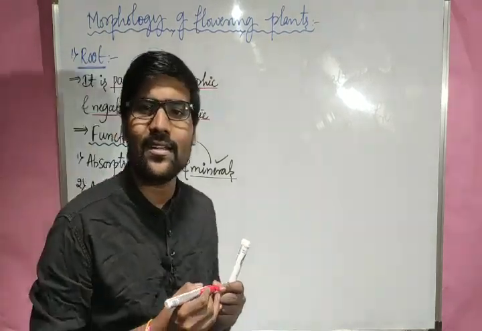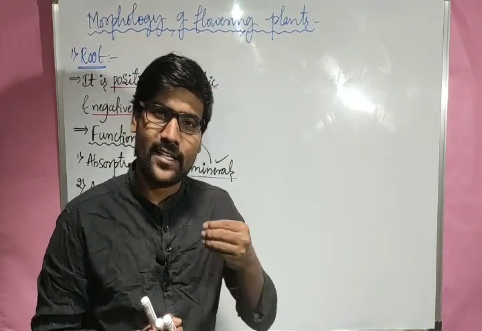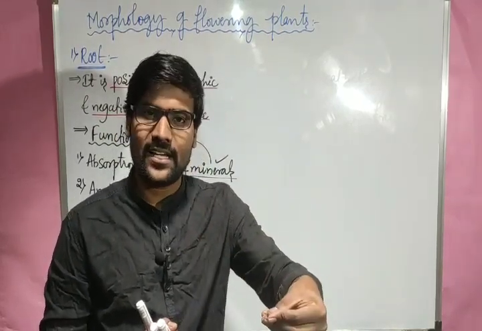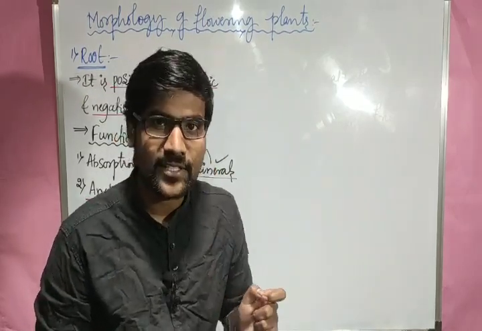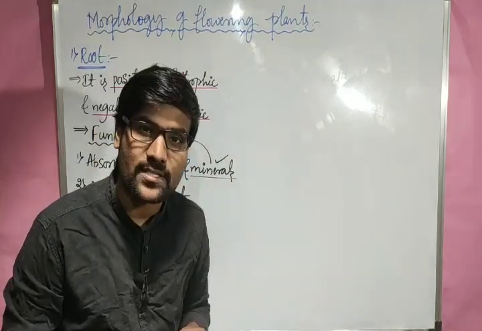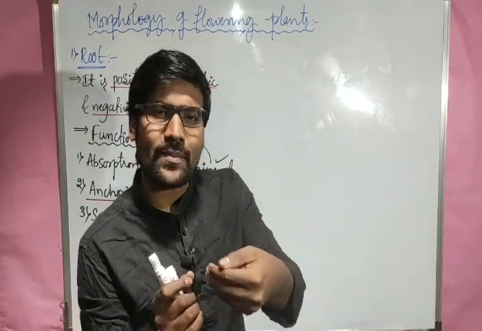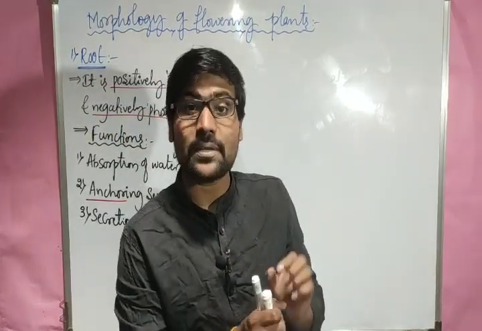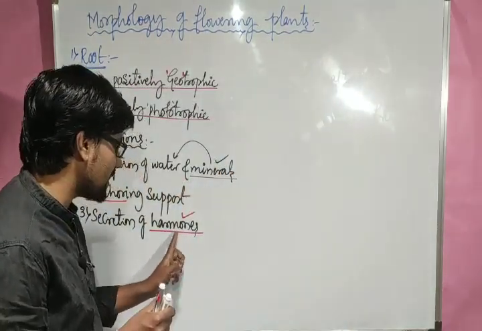Hormones, in Kannada, are chemicals that send signals or messages. So hormones are nothing but chemical messengers. That means these are chemicals. They help in transferring messages from one place to another place. Messenger. He is the messenger. So hormones are the chemical messengers.